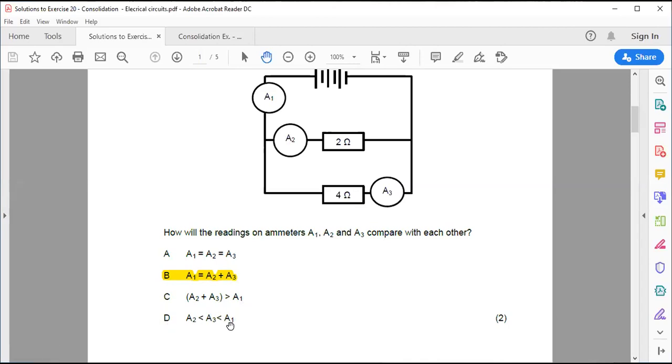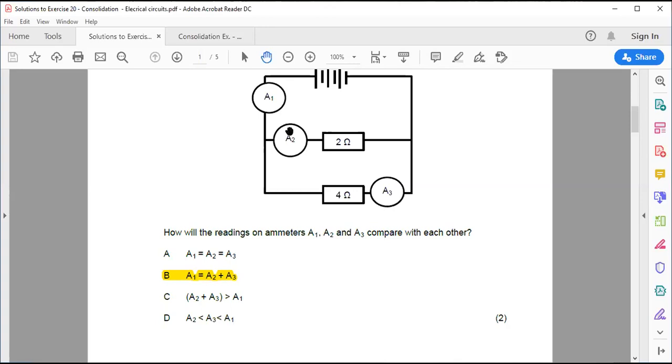D says A1 is greater than A3 and A3 is greater than A2. This statement is incorrect.